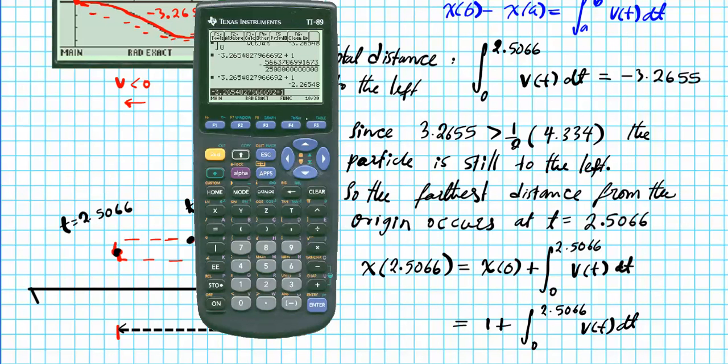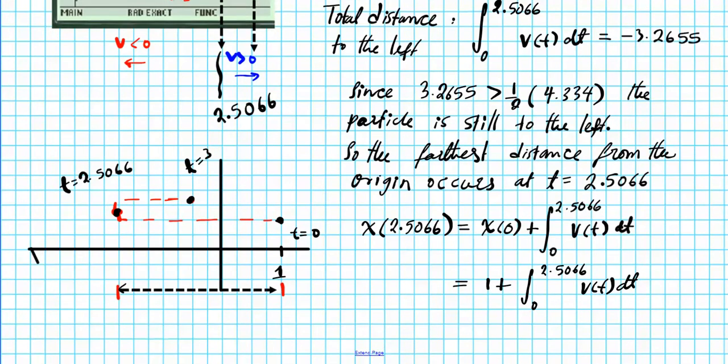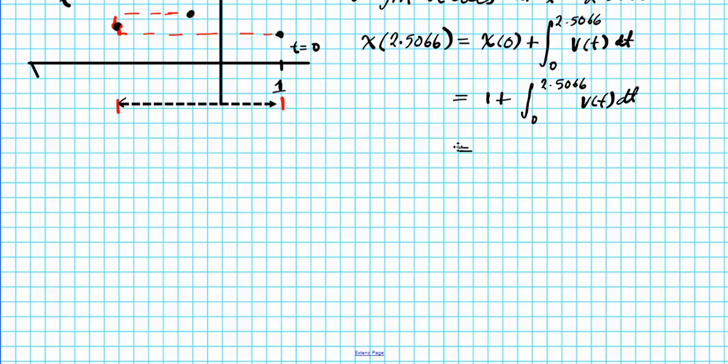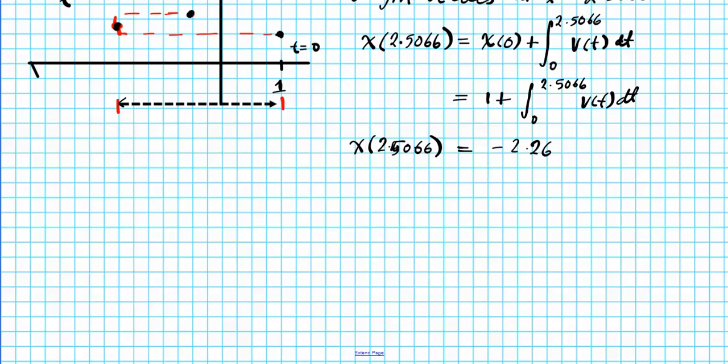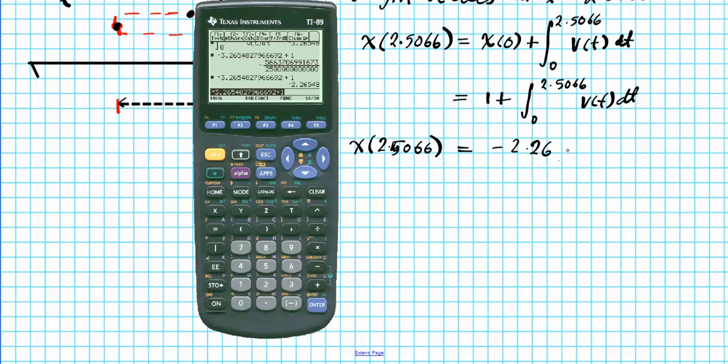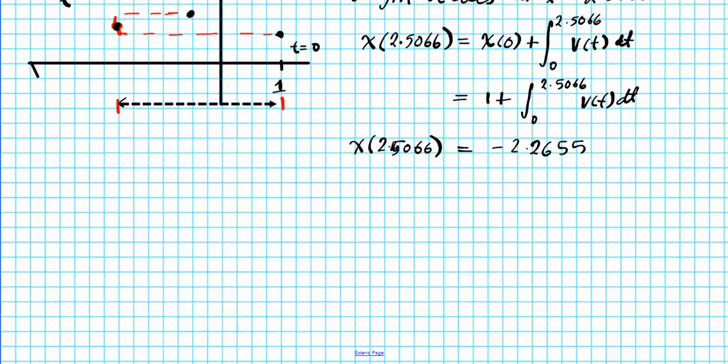The displacement is negative 2.2655. So the position is negative 2.2655. So what's the distance? How far is it from the origin?